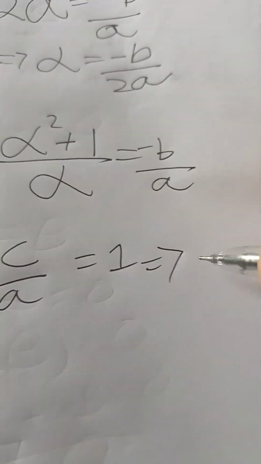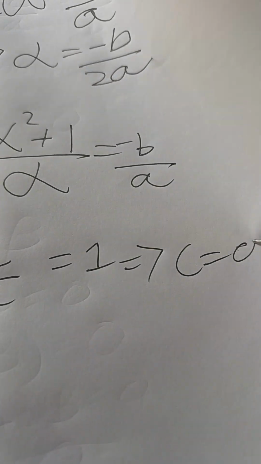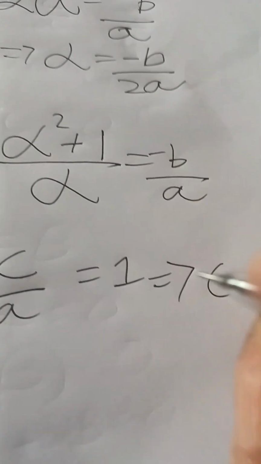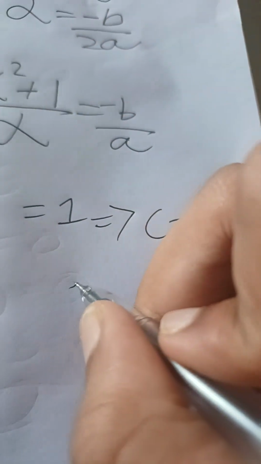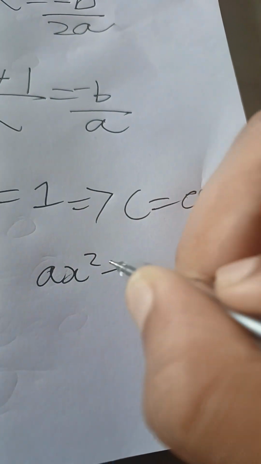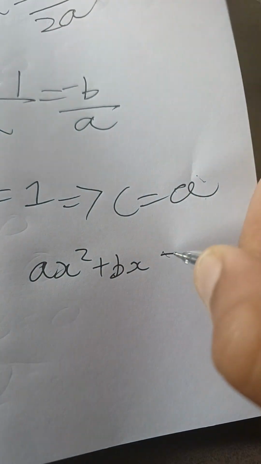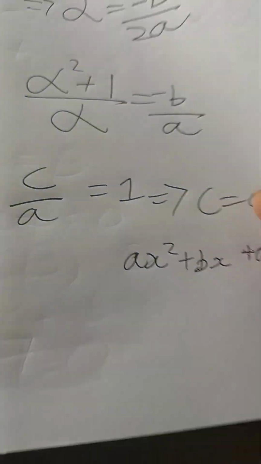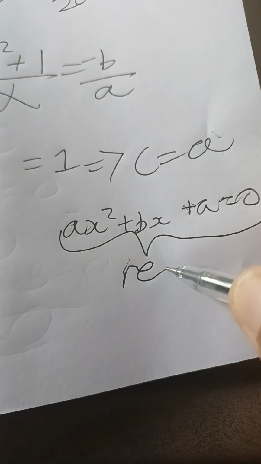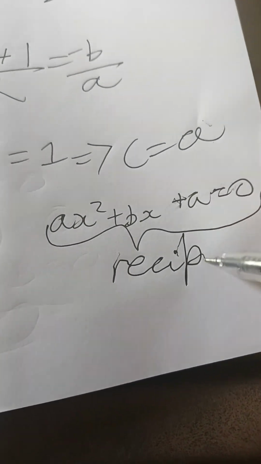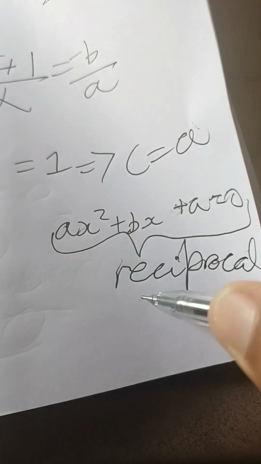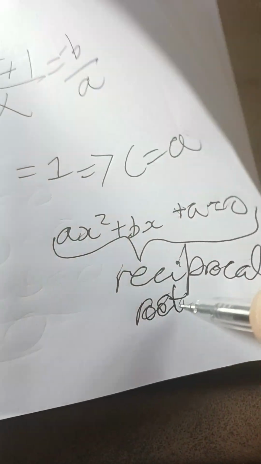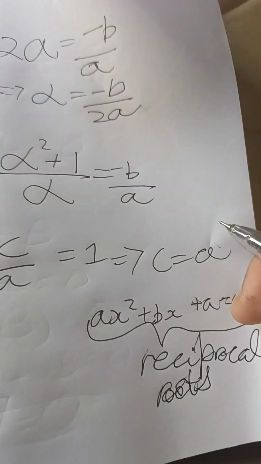So for this, c would be equal to a. Yeah, that's what that means. Like if we take ax squared plus bx plus a equal to 0, this has reciprocal roots. Very nice, guys. Very, very good.